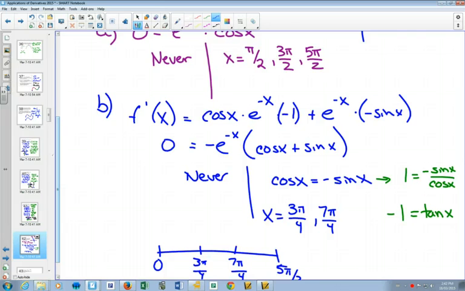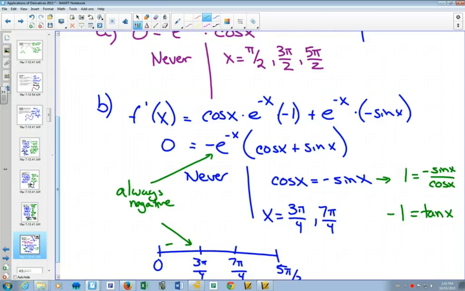First of all, this first part is never equal to 0, always negative. That's the first thing we need to look at. If you plug in pi over 4, which is in quadrant 1, both cos and sine are positive in quadrant 1. And if you're adding two positive numbers, you should still get a positive number. If this is always negative and this will be positive, we know that this section is negative and we're going down.